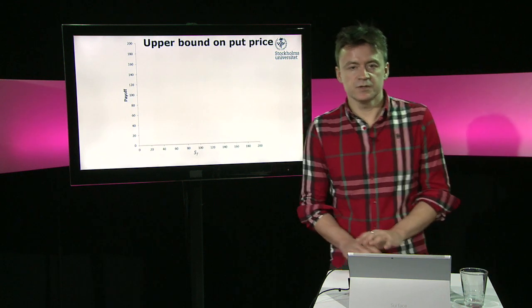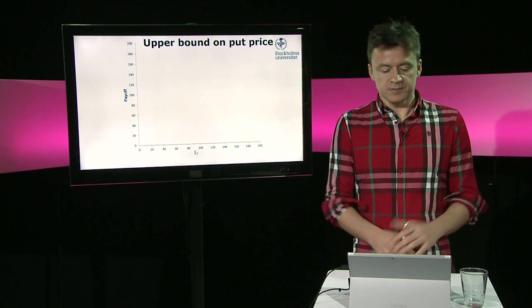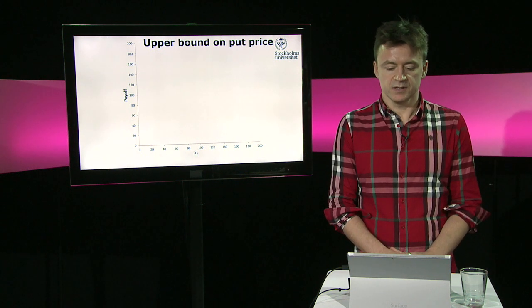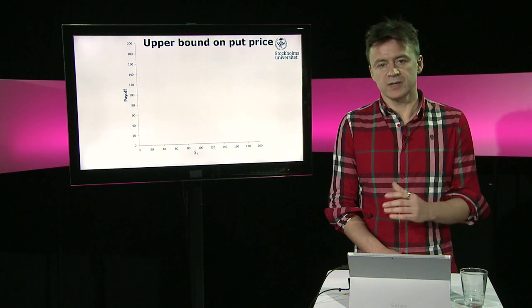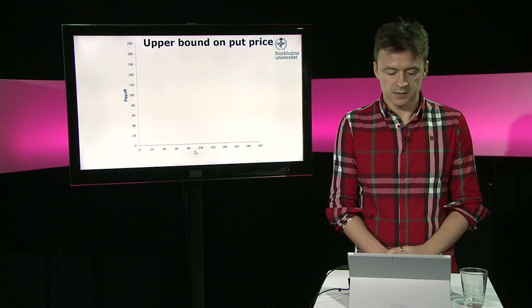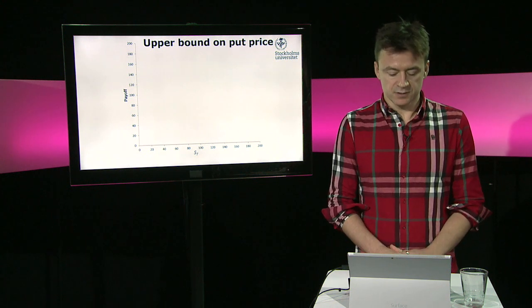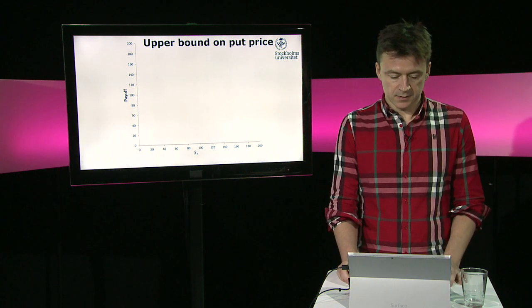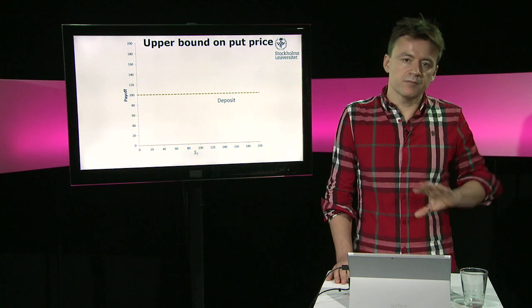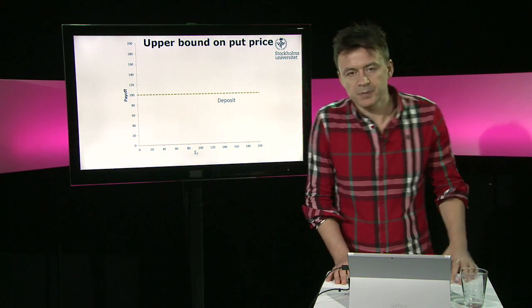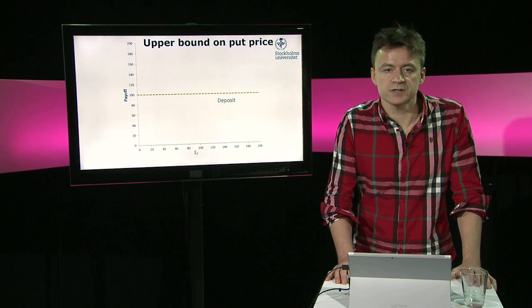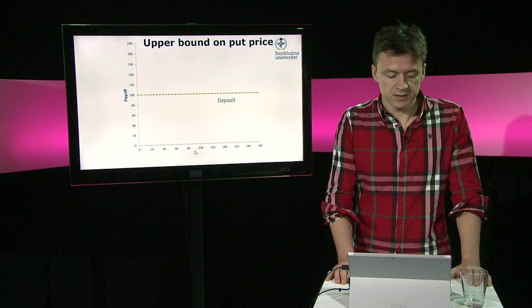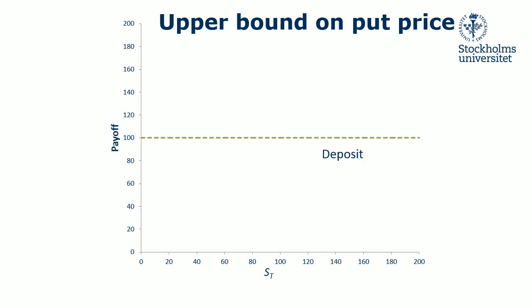Now, let's move into finding maximum values for the price of a put and the price of a call. And let's start with the put. We're going to do this directly in the graph. Now, suppose that we once again make a deposit in the bank for the present value of 100 monetary units, and then at maturity, our payoff will just be 100 monetary units.